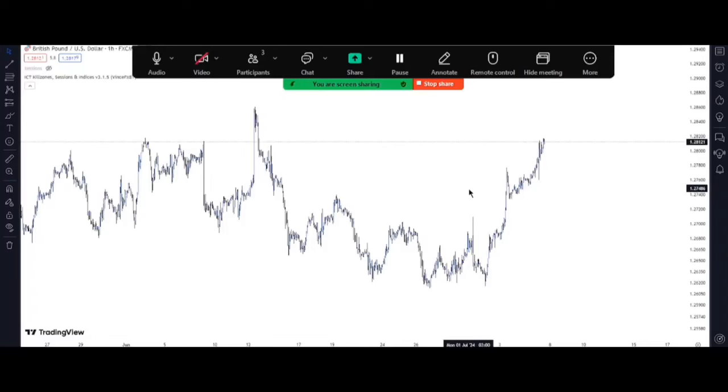It was Paul that sent in what he wanted us to look at today. He talked about Euro USD, GBP USD, and gold. So we are going to look at two of the instruments. We are going to look at GBP USD and gold.